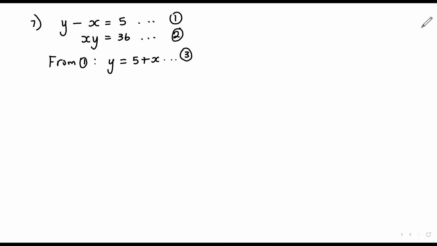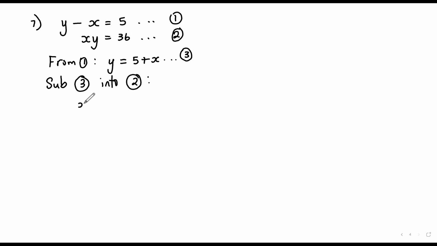So from 1, you have y is equal to 5 plus x, you make y the subject. And then once you have y as the subject, you can substitute that. So you substitute 3 into equation 2. Wherever I have y in equation 2, I'm going to replace it with 5 plus x. But bear in mind that this literally means x times y.